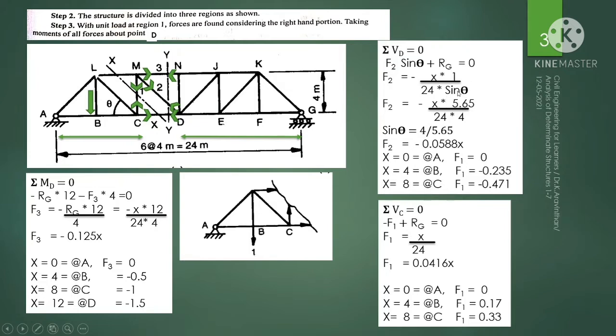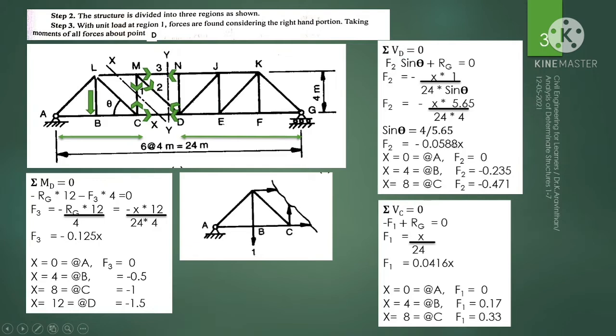You know sin theta is 4 by 5.65, and since it is in the denominator, you can invert that, so it will be written as 5.65 divided by 4, and Rg is taken as x by 24. After simplifying these numericals, the answer will be 0.0588x. We know that sin theta is 4 by 5.65.